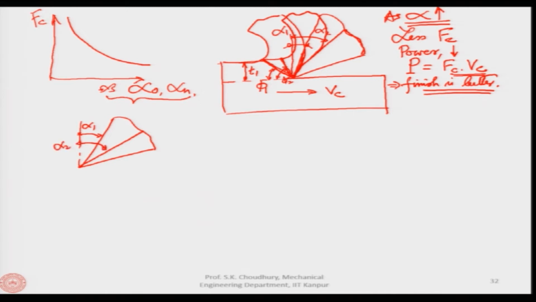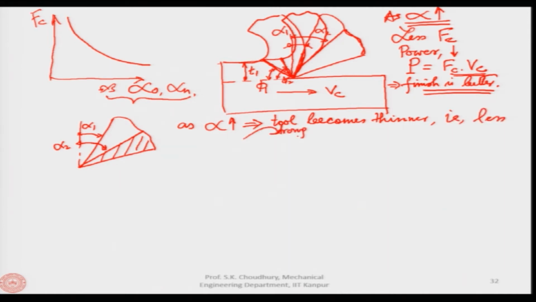As a result, the tool is becoming thinner. The tool becoming thinner means the tool strength is going down. As alpha increases, the tool becomes thinner, which means less strong.